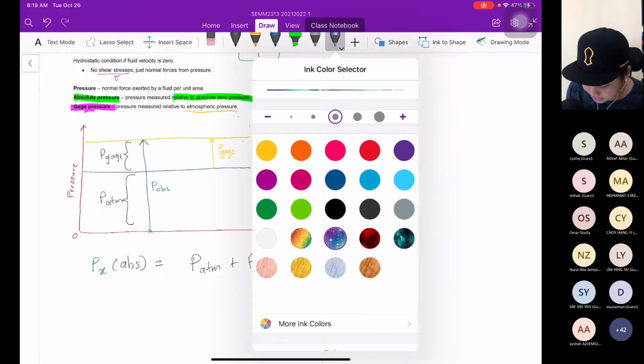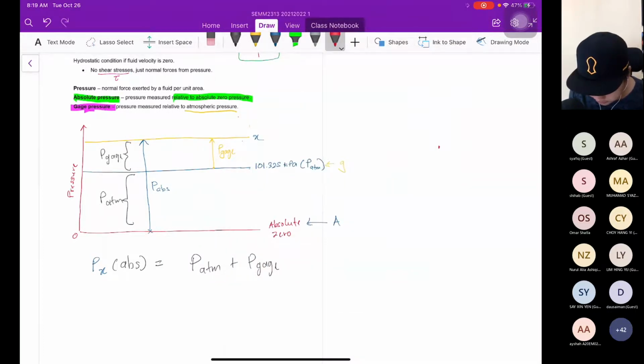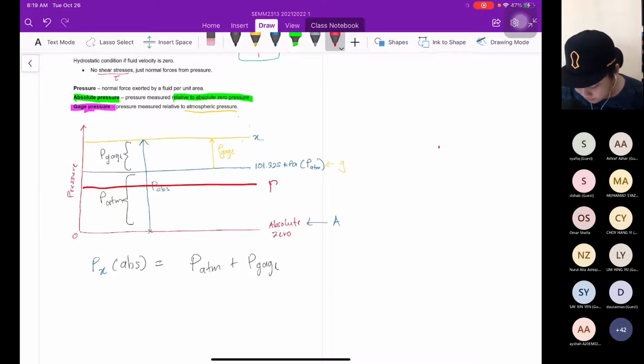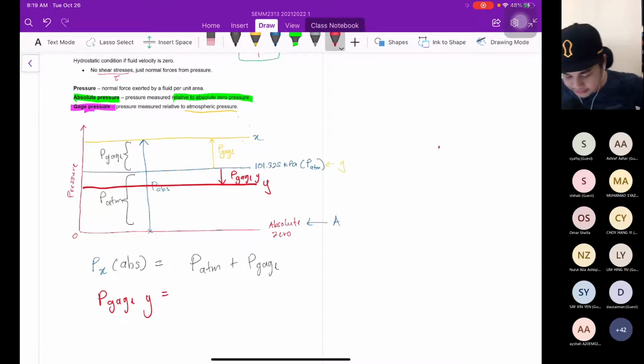If we have this pressure, this is at point Y. In order to get the pressure at Y, this is P gauge Y. Can you see that P gauge of Y is basically negative?